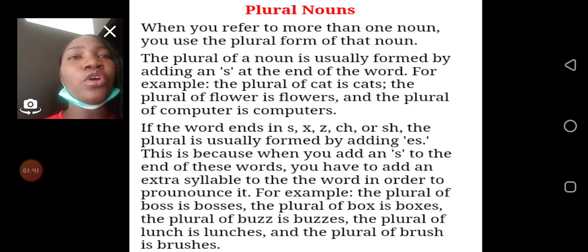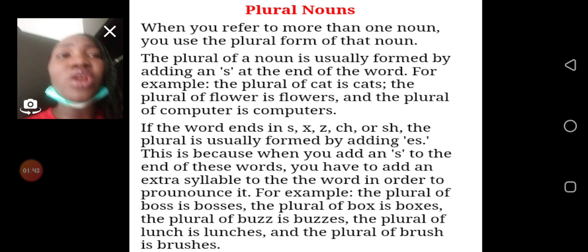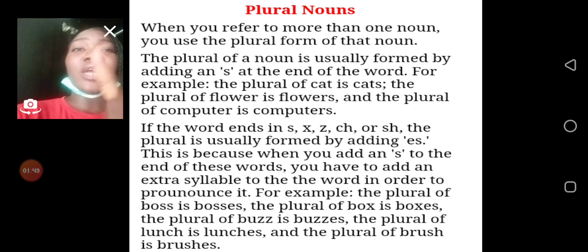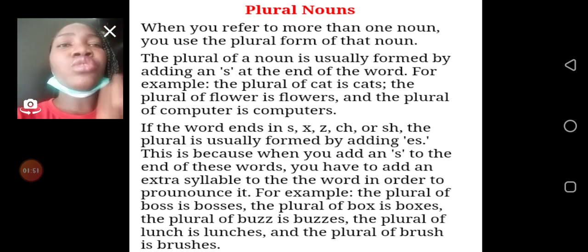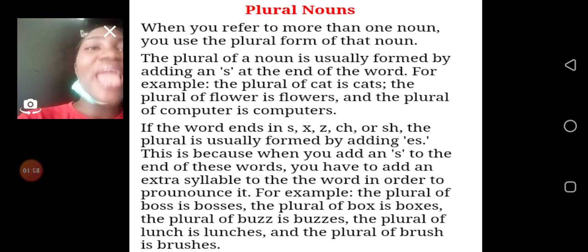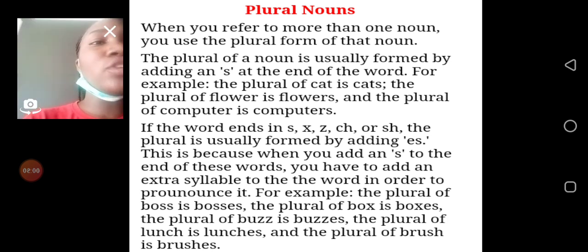So let's move on. When you refer to more than one noun, you use the plural form of that noun. Now, the plural of a noun is usually formed by adding an s at the end of the word.